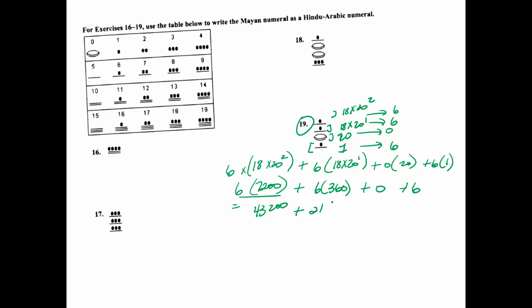This one's going to give you 2,160. So altogether, 45,366 is your answer. So now that I did this one, I want you guys to try number 16, 17, and 18.